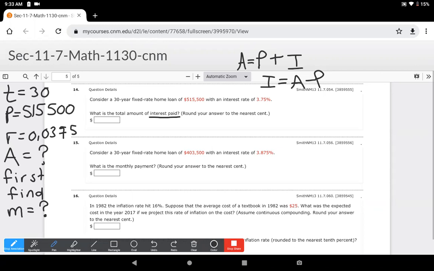So we have to look for what we can fill out when we have a P and R and a T only. Well, we have N as well. So we have to first actually find M, and then find A. So I can't erase. Let's see if I can go back.